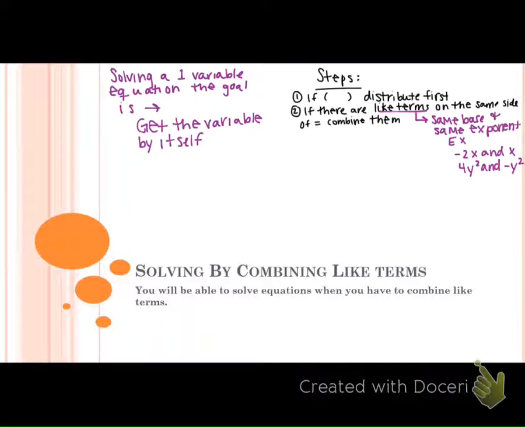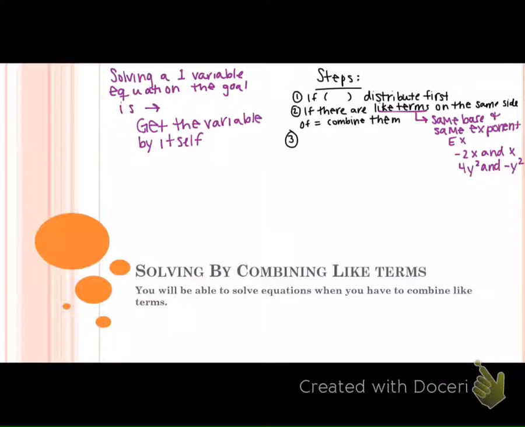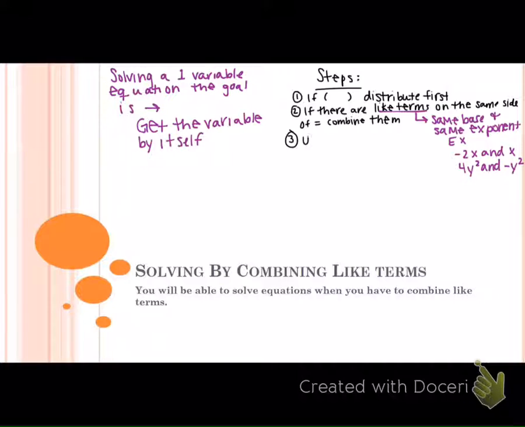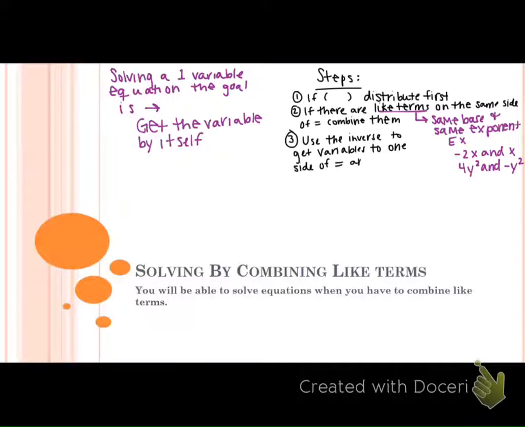So after you've combined like terms, your goal is to get the variables to one side and the constants to the other. It really doesn't matter which side it is. And to move across the equal sign, you must use the inverse. So use the inverse to get variables to one side and constants to the other.